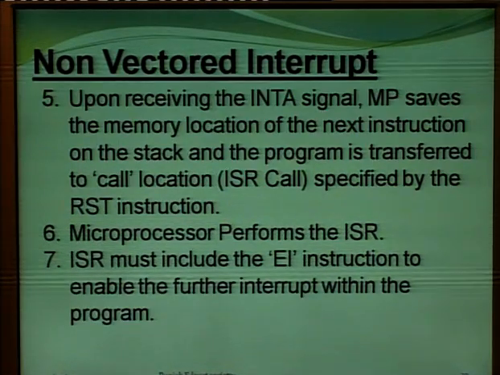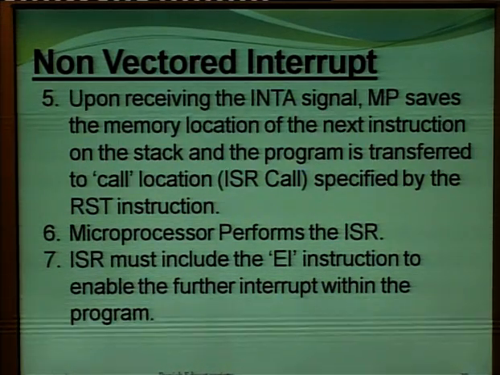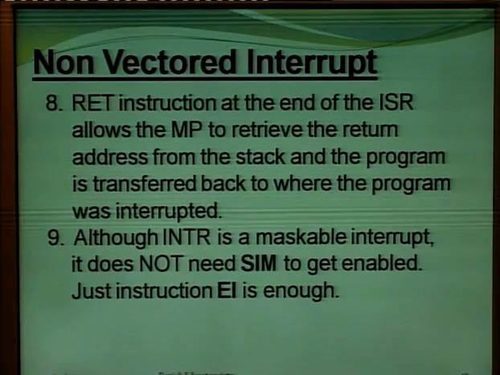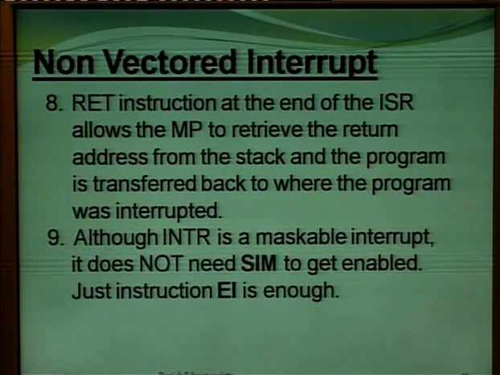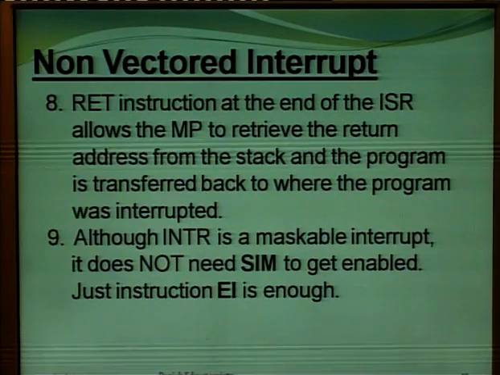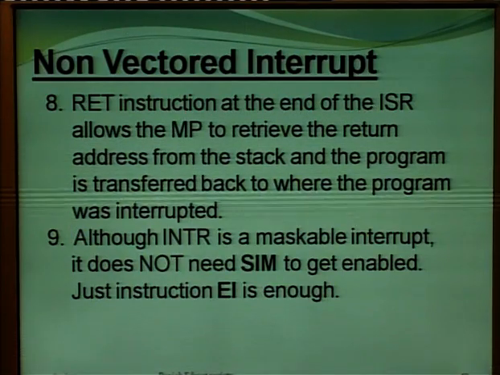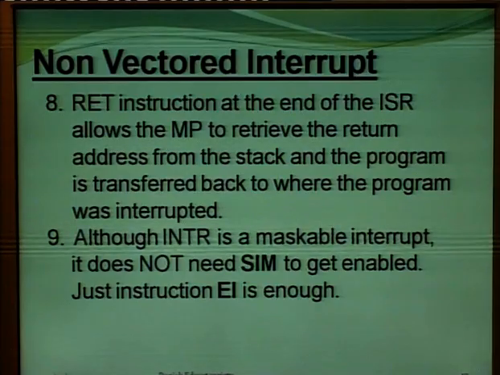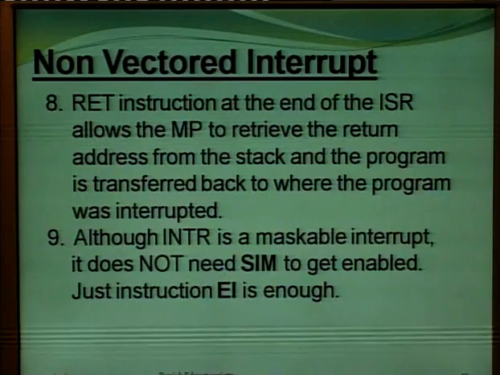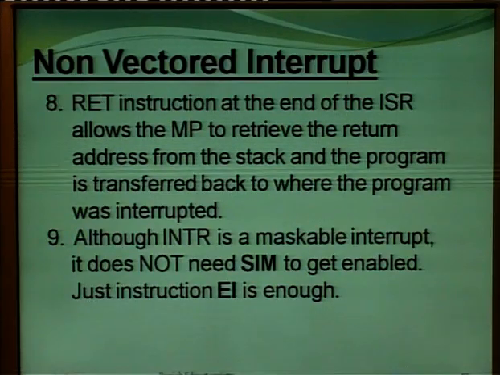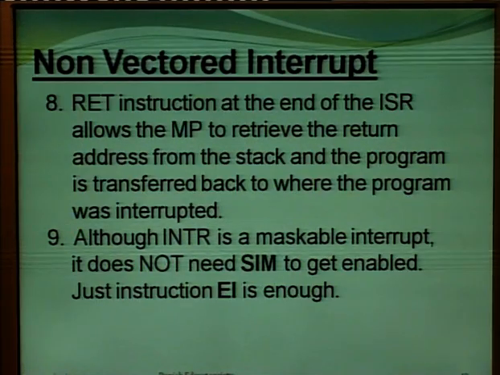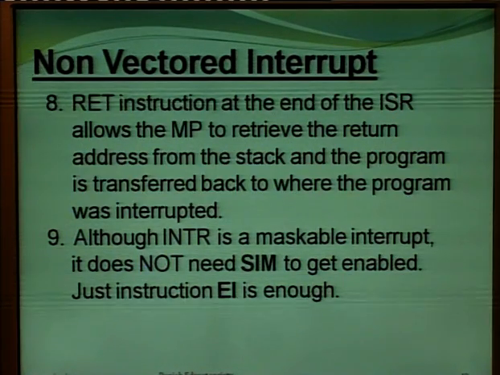The ISR must include the EI instruction to enable the interrupts again, and at the end of the ISR there is the instruction RET, which retrieves the address from the stack to the program counter, and the program is transferred back to where it was interrupted. Although INTR is a maskable interrupt, it is masked only using the instruction EI or DI. It does not need the instruction SIM to get enabled, just the instruction EI is enough.